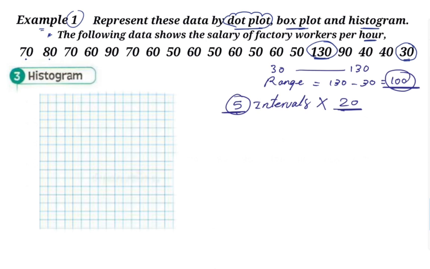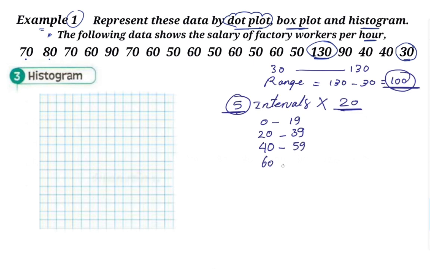Now what are my intervals? I may start with 0. If you start with 0, go to 19. The next one starts with 20, and goes to 39. The next one is 40 to 59.